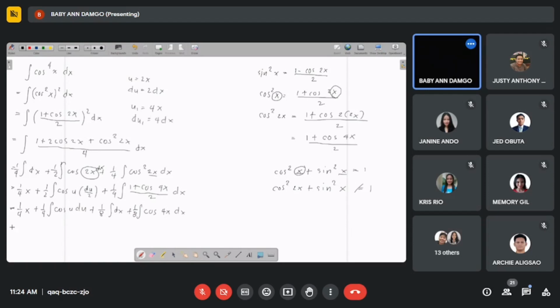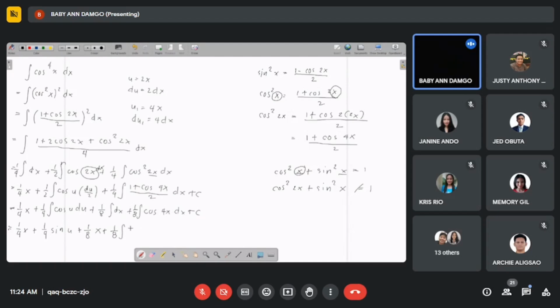Okay? So this is equal to 1/4 x plus 1/4 integration of cosine u du, which is sine u, plus 1/8 integration of dx, which is x, plus 1/8 integration of cosine 4x dx.